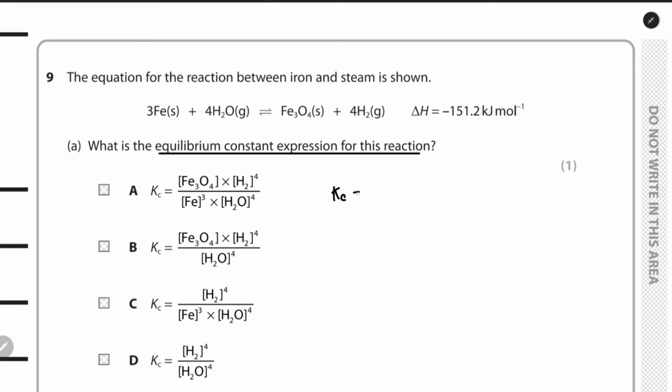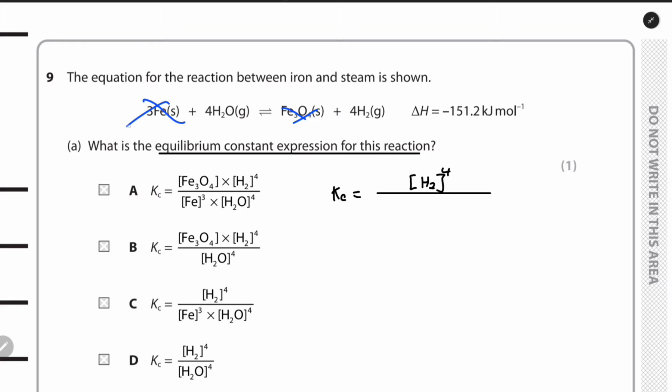So Kc over here will be, on the top we'll have the concentration of the reactants to the power of number of moles. Now if I look over here, Fe3O4 is a solid. In the equilibrium constant, we only consider the liquid and gases since solids won't have a concentration.